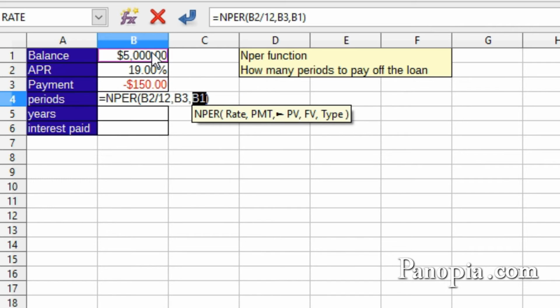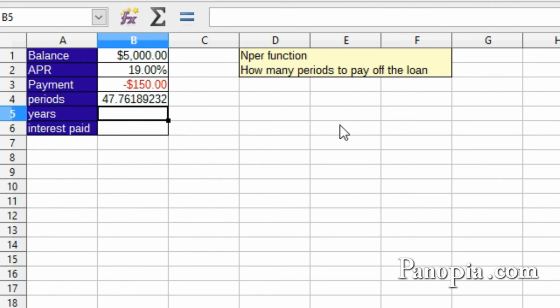Click B1. The other parameters aren't needed, so press enter. 47.7 months to pay. To get that in years, into B5 type equals, then click B4, divided by 12. Press enter. Almost 4 years of payments.